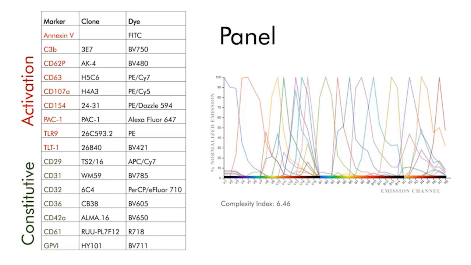And we paired dim markers with bright dyes and vice versa, and tried to minimize spread into channels that need high resolution. And the complexity index for this panel was 6.46, which is reasonable for a panel of this size.